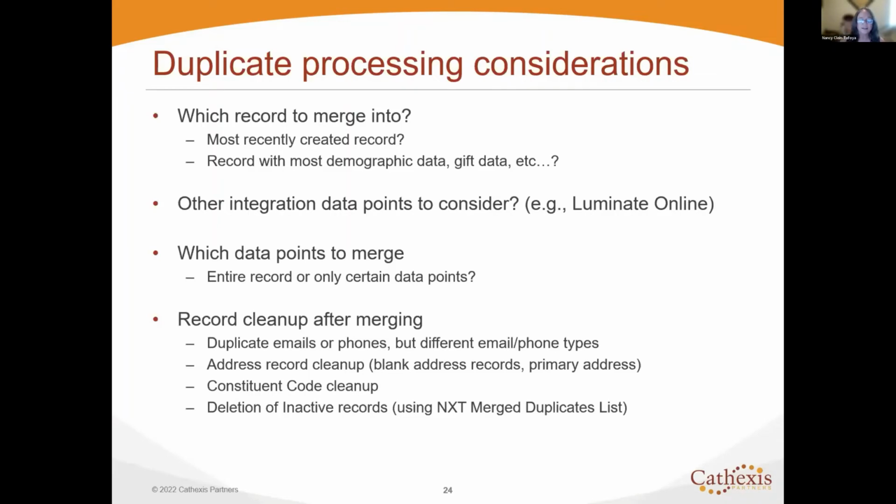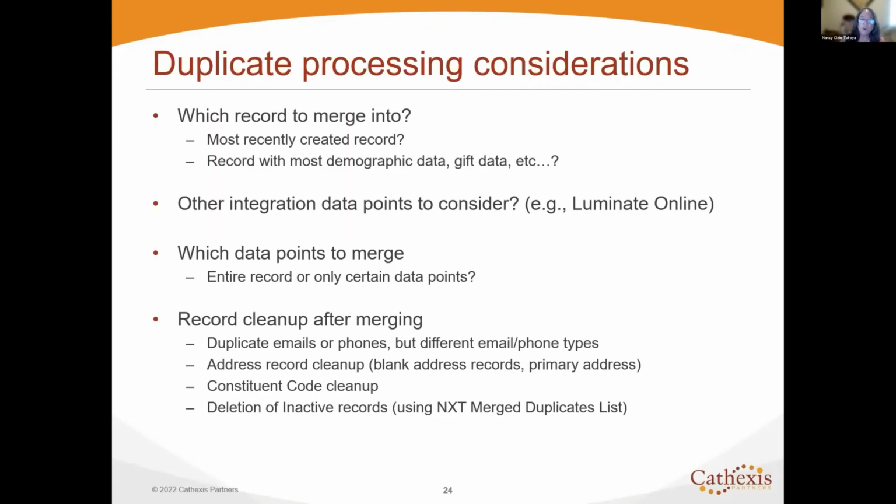And the final thing you need to consider is that you really need to clean up the records that you merged into at the end of your process. So for all of this, it's a two or three step process, because if you have two phone numbers, one's a work and one's a home, you're going to get a duplicate. They're different types, but they're the same phone number.